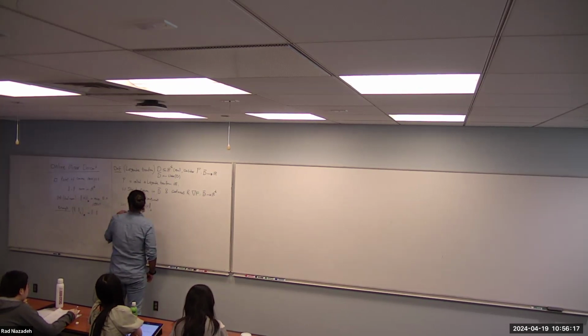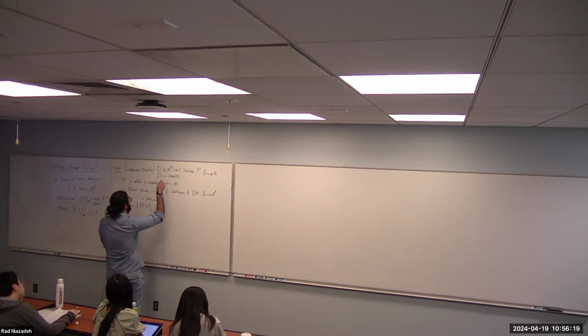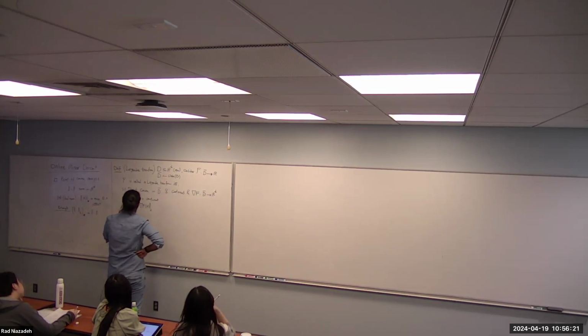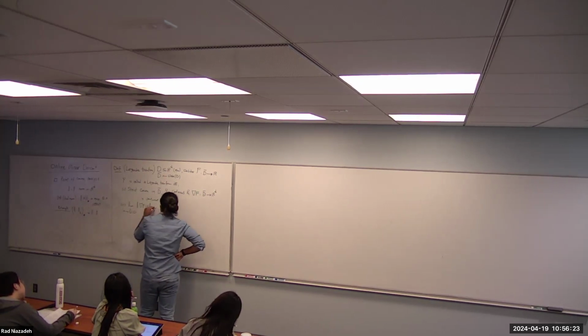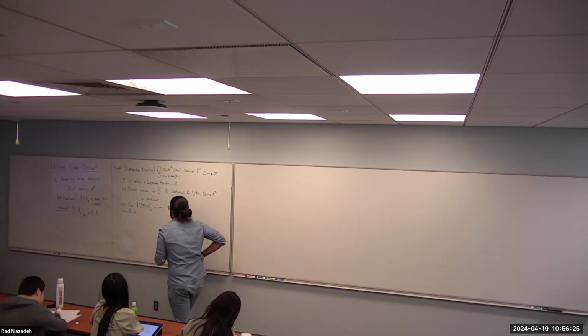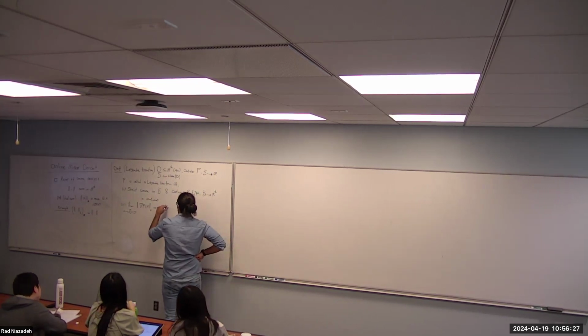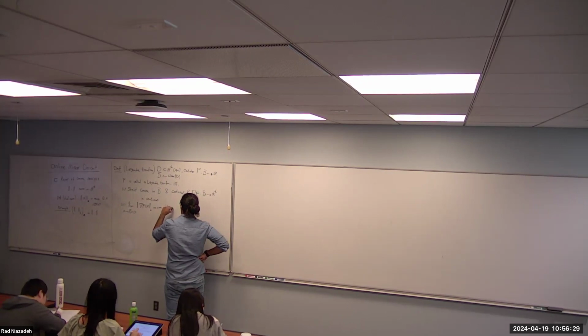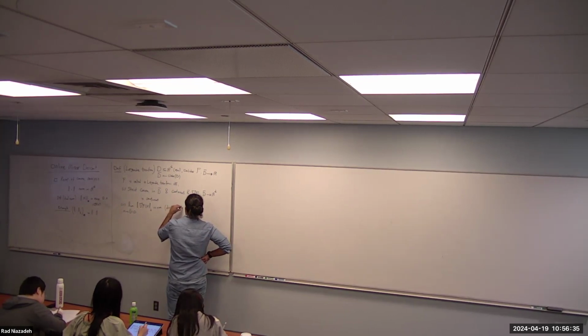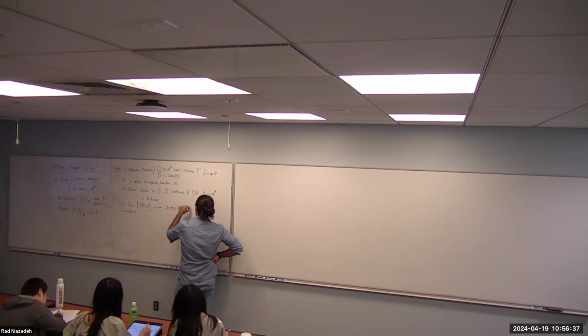So if I get close to the boundary, which is D bar minus D, then this should be plus infinity. So diverging gradient at the border.